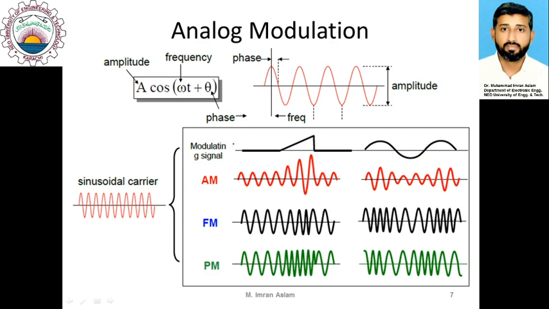Say for example we are using amplitude modulation. You can see that the amplitude of the sinusoidal carrier is changing relative to the modulating signal. As the amplitude of the modulating signal increases, the amplitude of this sinusoidal carrier also increases to represent the information in the modulating signal.